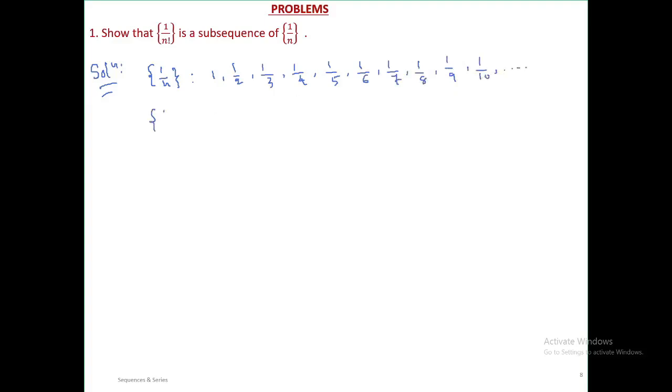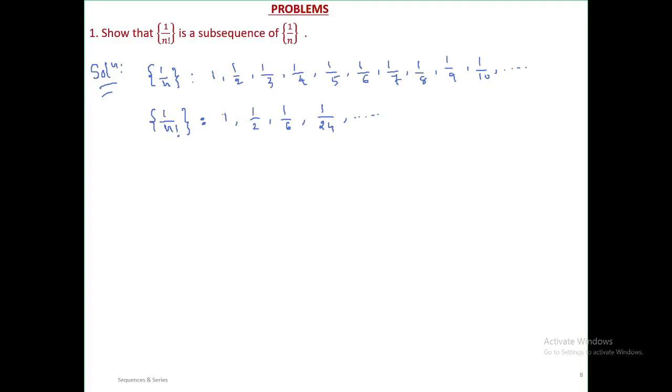Now the other sequence is 1 upon n factorial. Substitute n is 1, 1 by 1 factorial is 1. n is 2, 1 upon 2. n is 3, 3 factorial is 6, 1 upon 6. n is 4, 24, so 1 upon 24, and so on. So this is about this sequence.